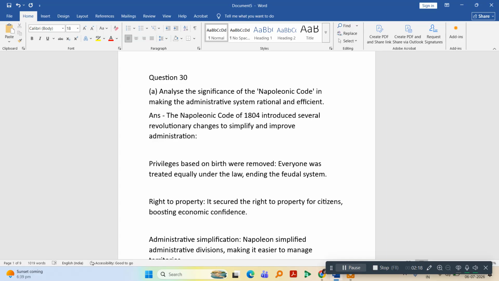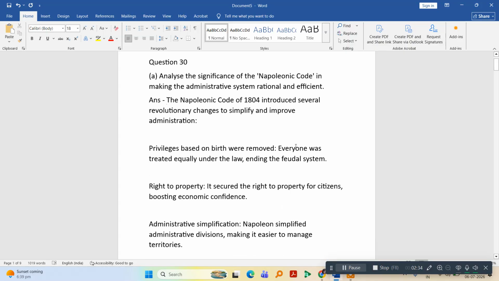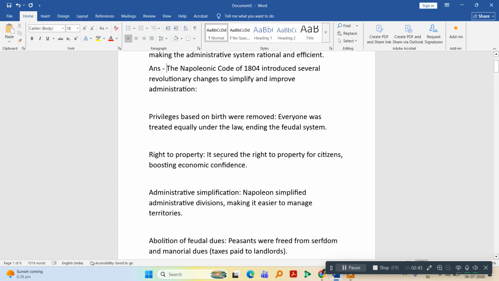The Napoleonic Code of 1804 introduced several revolutionary changes to simplify and improve administration. Privileges based on birth were removed as per the Napoleonic Code of 1804. Everyone was treated equally. Everybody was at par as per the law, ending the feudal system.